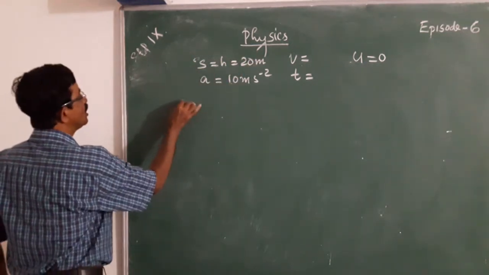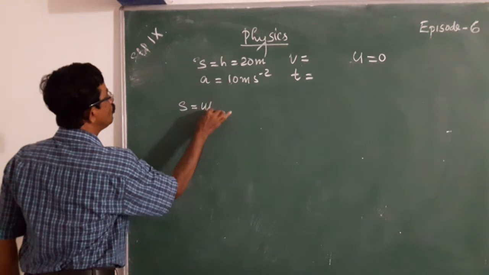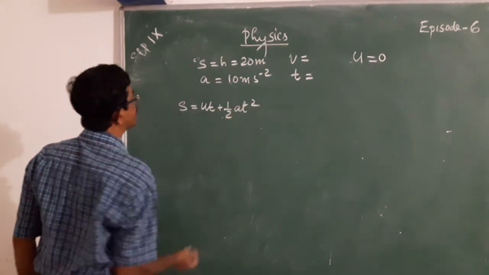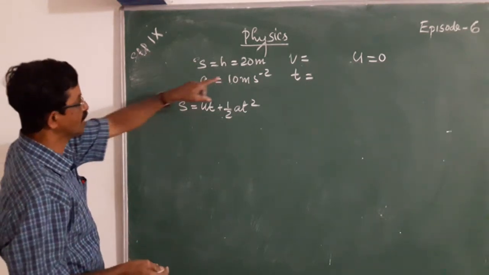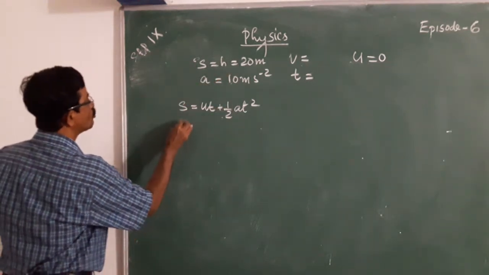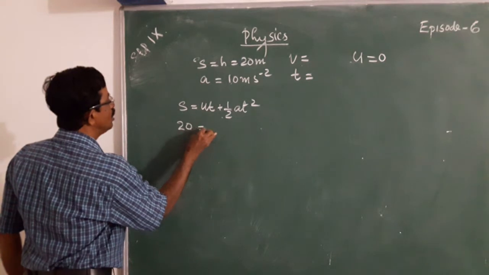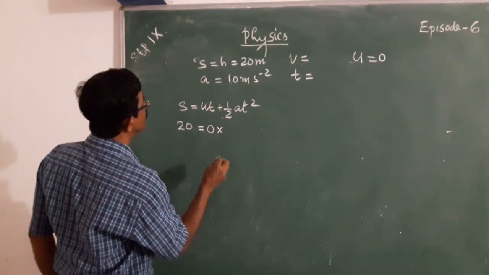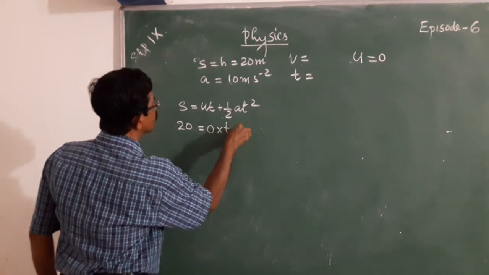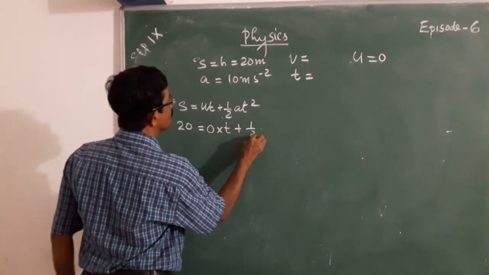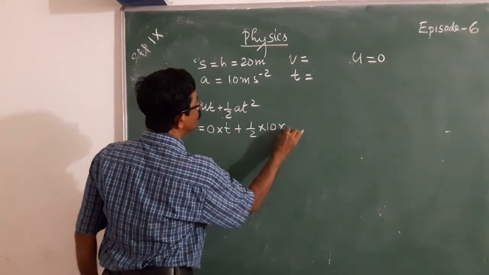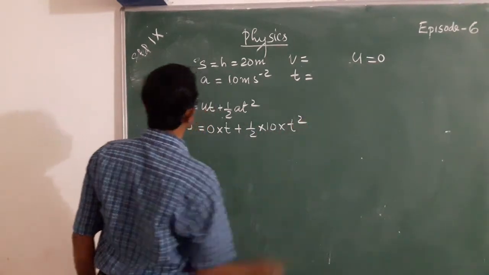From the relation S equals u t plus half a t square, we can find t. S is 20, u is 0 into t, time we don't know, t itself, plus half into a, a is 10, into t square.